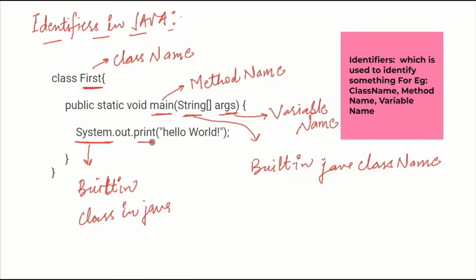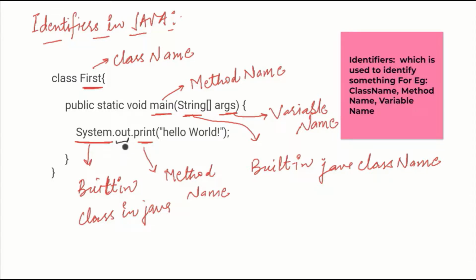Print, this is our method name. So yes, that could be an identifier, right? Is the hello world an identifier? No. So here it could be any class name, any method name, or any variable name that can be an identifier.